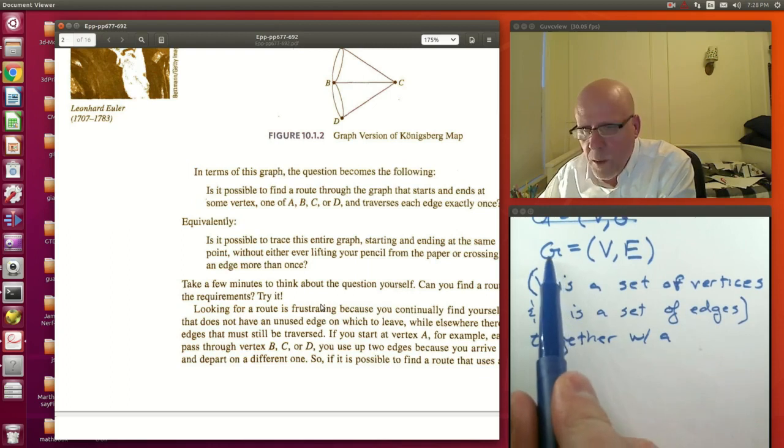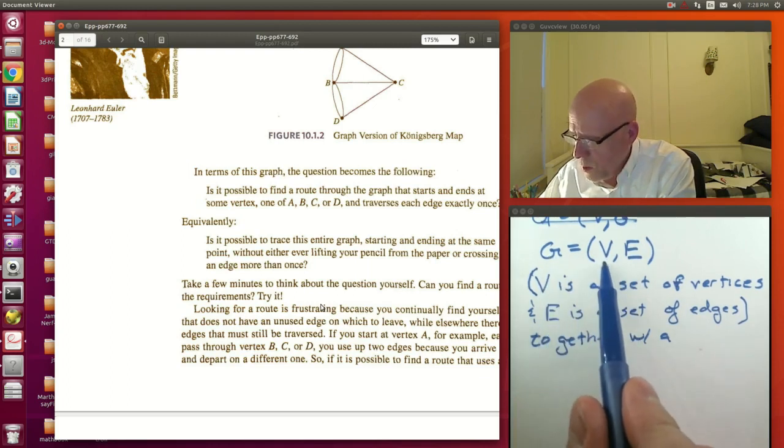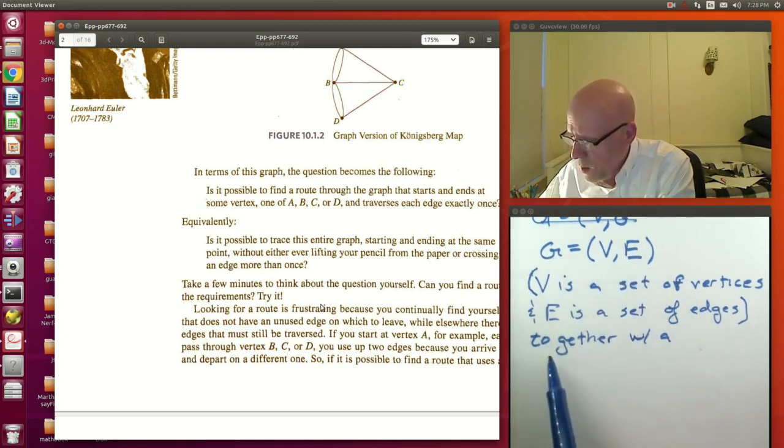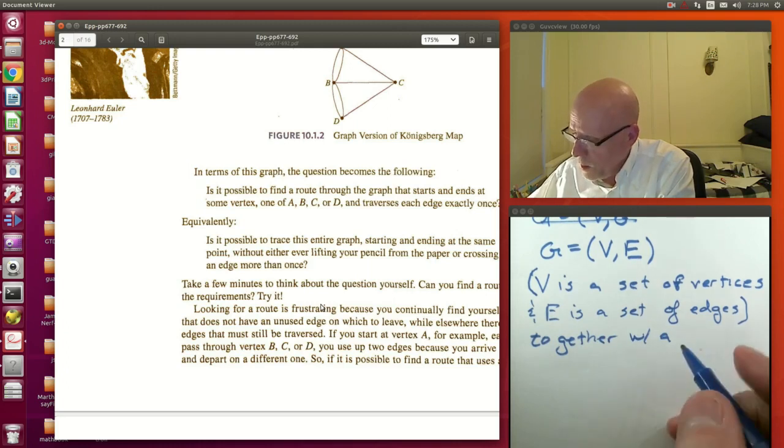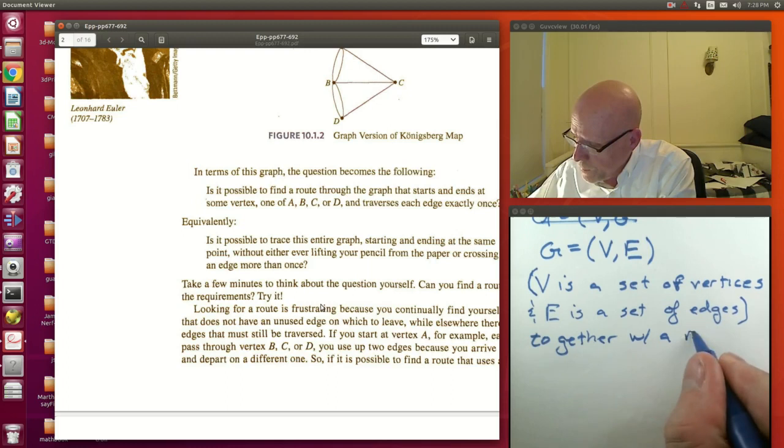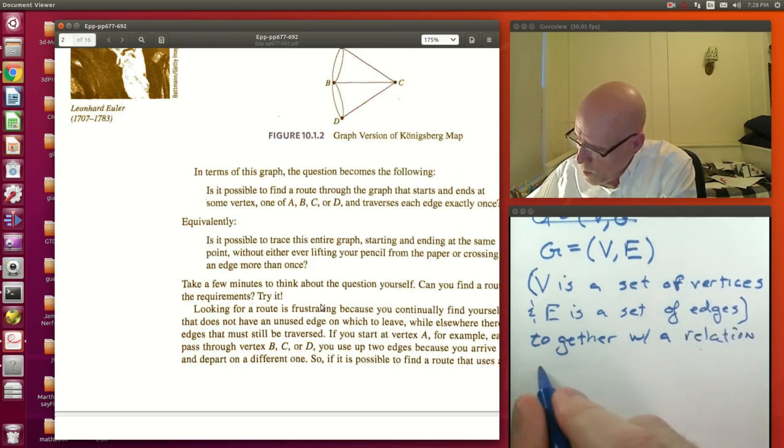What I'm trying to do is define what the graph G is. So it's these vertices and these edges together with an edge endpoint relation, a relation, well, let's just say between V and E.